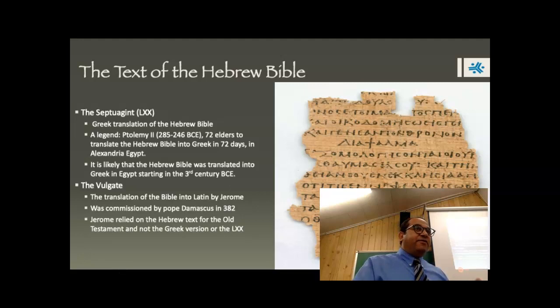One of the significant things about the Vulgate that is different than the old Latin translation of the Hebrew Bible is that Jerome is likely to have relied on the Hebrew text to translate it into Latin and not on the Greek. Like the Greek Bible, the Septuagint was the Bible used, but Jerome actually decided to go back to the Hebrew, not the Greek translation. Are you all following this? Okay.